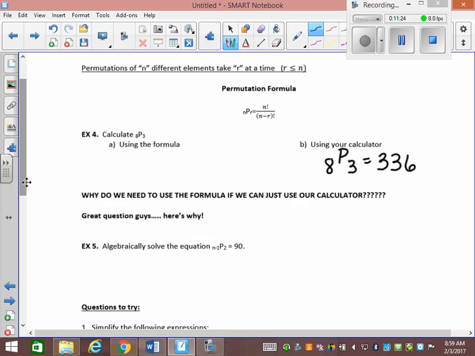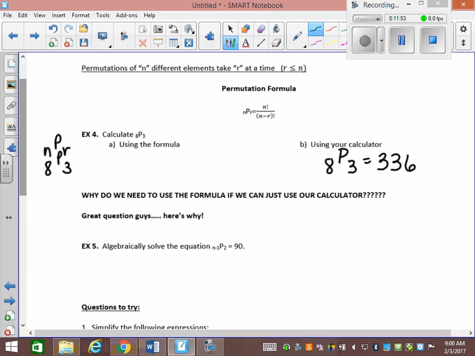So this is the nPr formula. It's given to you on your formula sheet. It's under Perms, Coms, and Binom theorem. They even titled it. So everything from this unit is under that one little box in the bottom. So every place we have an n, we're going to replace it with 8, and any place we have an r, we're going to replace it with 3 in that formula.